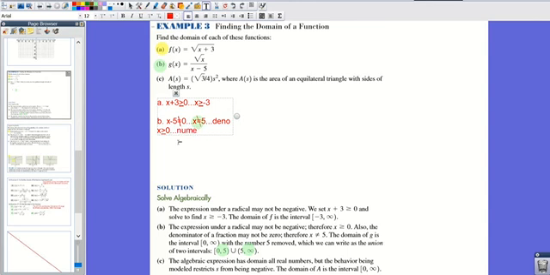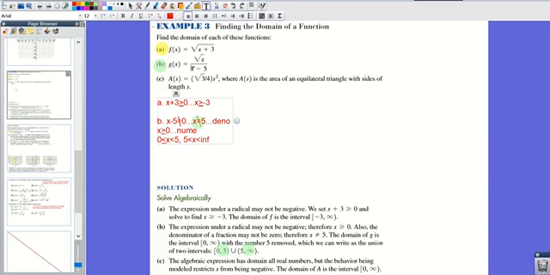So if we combine these two, x can be everything from 0 to 5, and that's 0 inclusive.